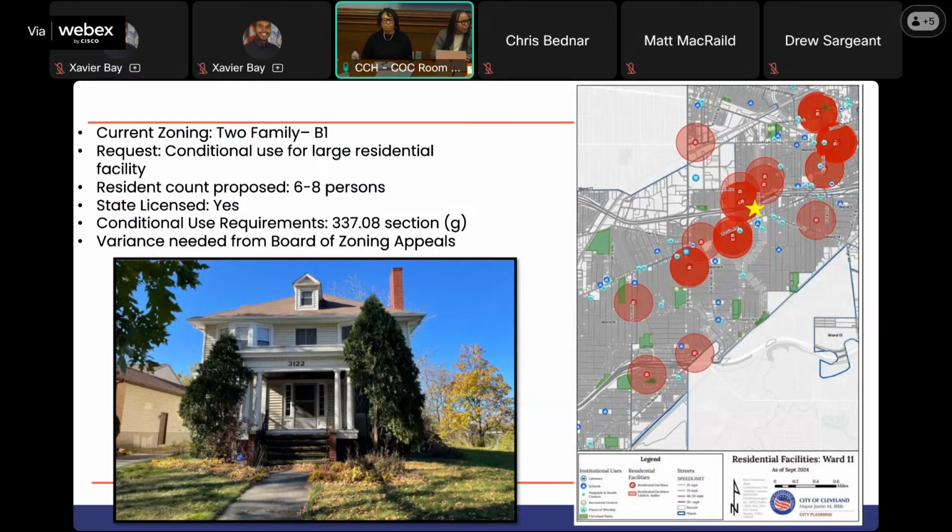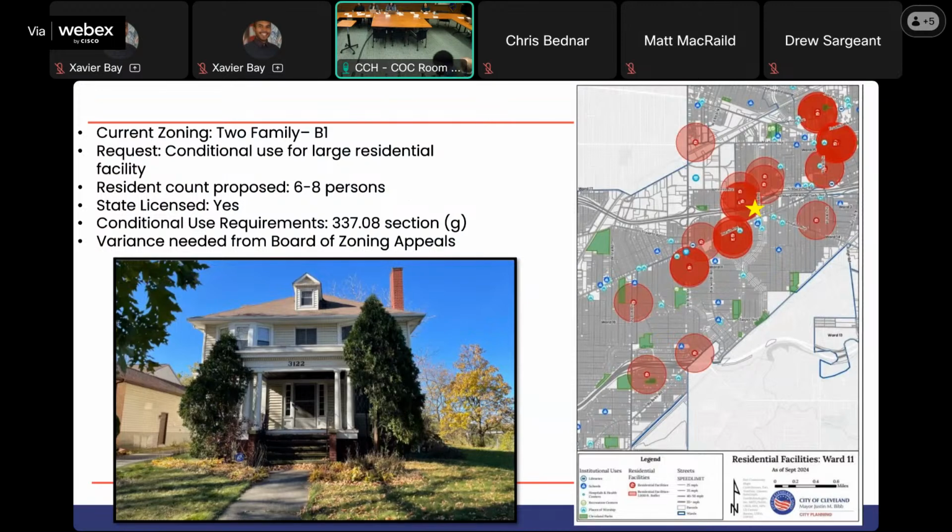Anything 6 or more is first permissible in a multifamily zoning district, and they are within 1,000 feet of 3 existing residential facilities. Currently on the screen, you can see the bottom left photo of the property in question. On the right, you'll see a saturation map of where these other state licensed facilities are in Ward 11. And the star represents generally where this property is located.